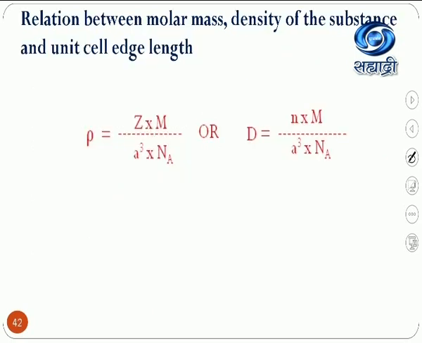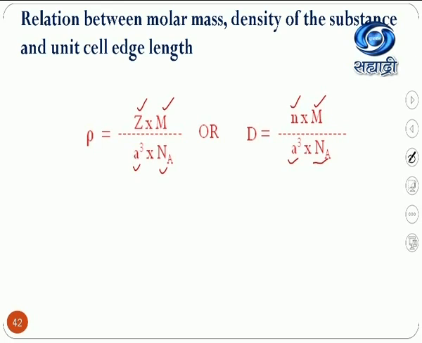Now, if you know all these things, the density rho is equal to Z into M upon a cube into Na. Here, Z is the number of particles present in each unit cell, also designated by small n, and it is also called atomicity. M is the molar mass of the substance, which is constant. A cube is the volume of the unit cell, and Na is Avogadro's number.